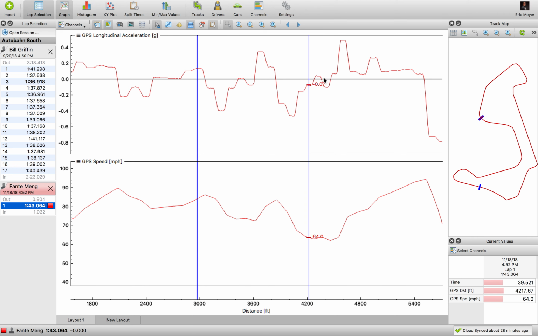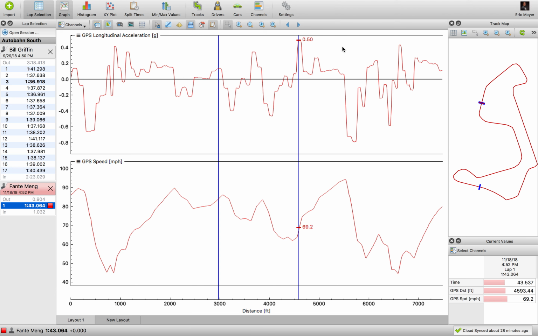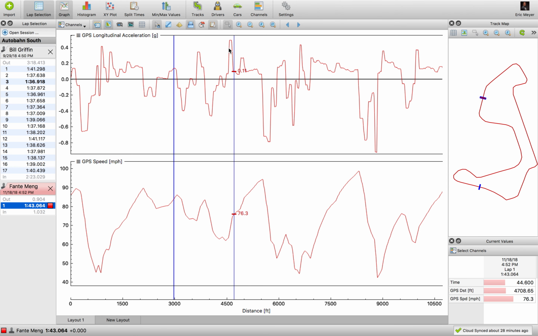The other thing that's kind of interesting is the magnitude of this acceleration G. If we look at this value right here, it says we're accelerating at half a G. Well, if you buy into that and you say that this braking marker is 0.8 of a negative G, this is one hell of an acceleration rate.